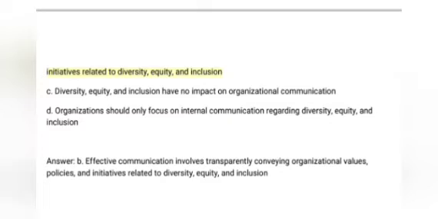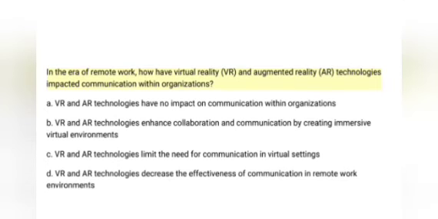C. Diversity, equity, and inclusion have no impact on organizational communication. D. Organizations should only focus on internal communication regarding diversity, equity, and inclusion. Answer. B. Effective communication involves transparently conveying organizational values, policies, and initiatives related to diversity, equity, and inclusion.